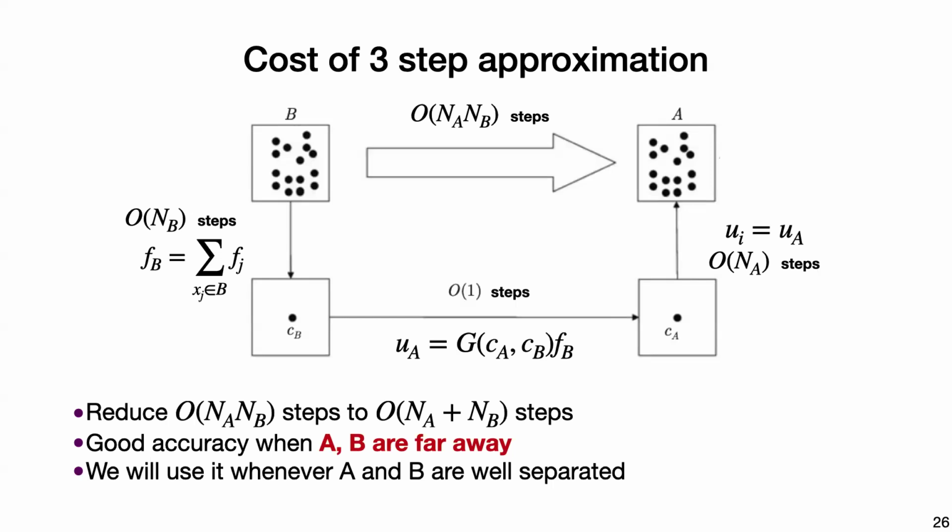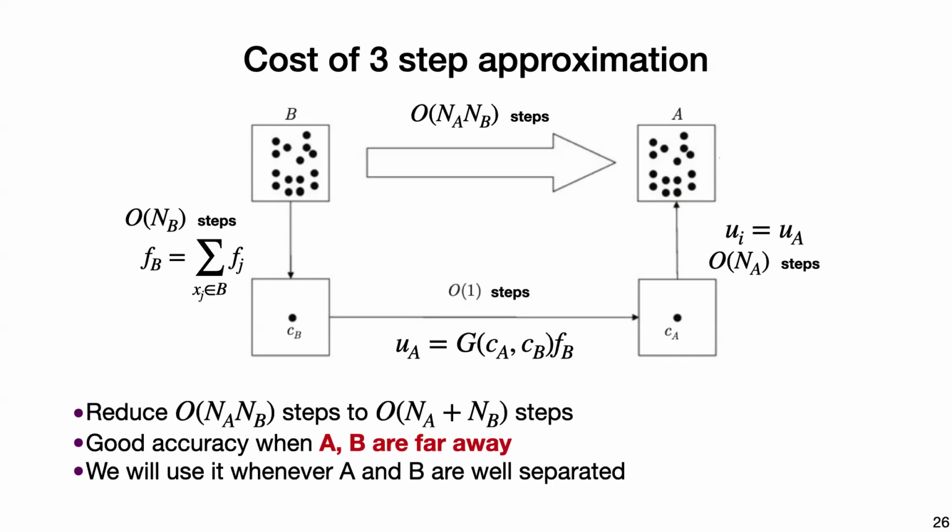So the cost of doing this 3-step approximation is, if there are n sub b points in B and n sub a points in A, the time goes down to n sub a plus n sub b, because it costs linear in each of them to condense down to one point, and it costs 1 to do this expansion times the force onto here.